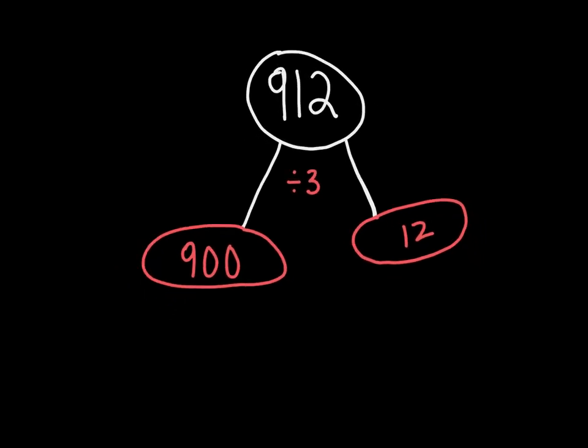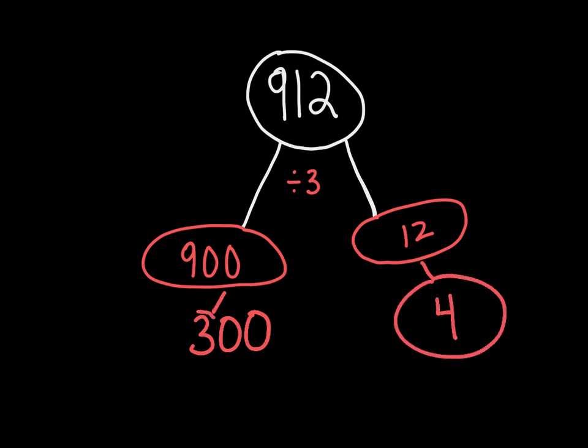So 3 goes into 900 300 times. 3 times 300 is 900. Then on this side, 3 goes into 12 4 times.